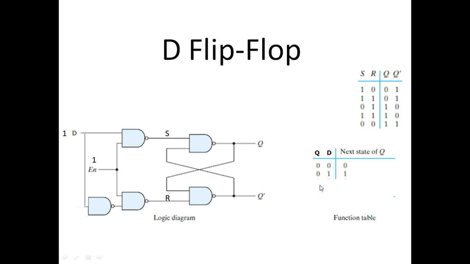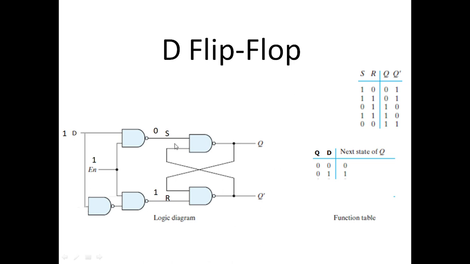Okay, so when the current state is 0 and the input at D is 1, it will make S as 0 and R as 1. Now, when we provide 0 at the S input in the basic latch with NAND gate, it will set the flip-flop.